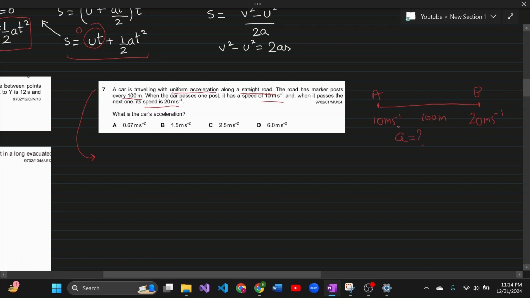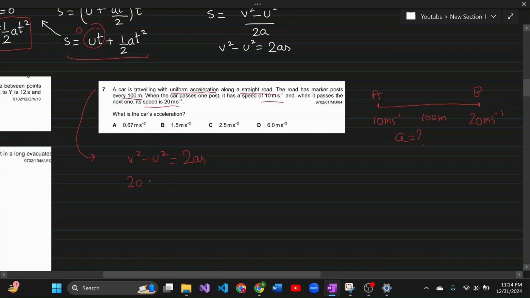If you look closely at the data that you have been given, we can select one of the four equations of motion, and that one would be v square minus u square equal to 2as. I will be using this equation because I have all the three quantities except a.